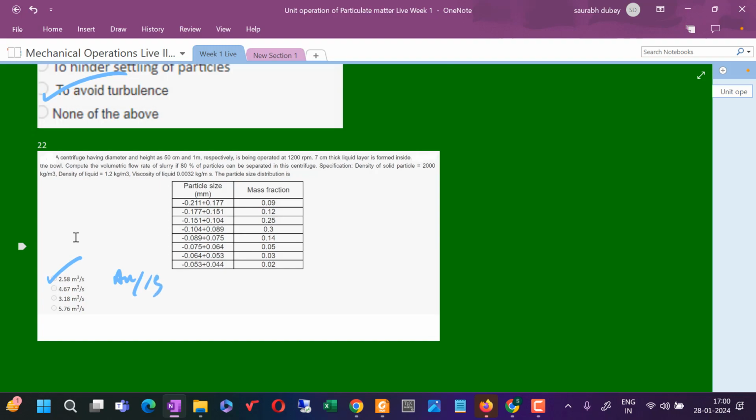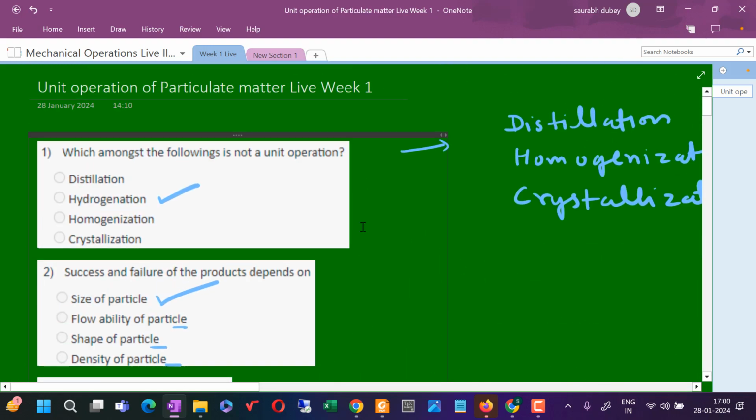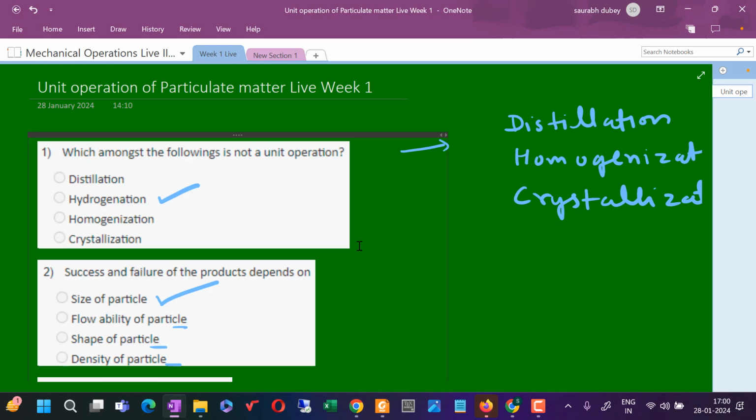The take home message for today's class is that we solved 20 to 22 questions that involve the concepts of batch sedimentation, centrifugal sedimentation, and the basic introduction to the unit operation of particulate matter, which is also called the mechanical operation.